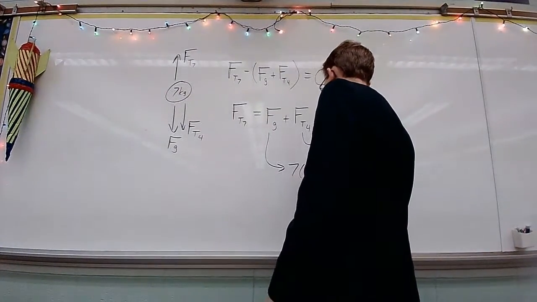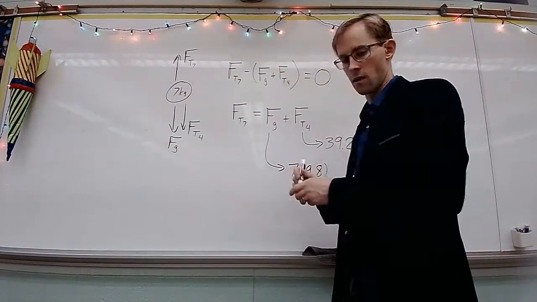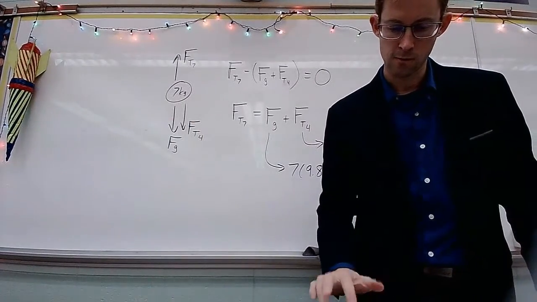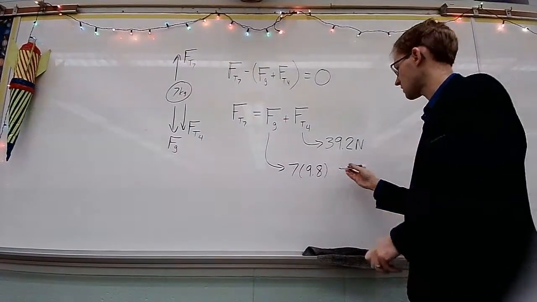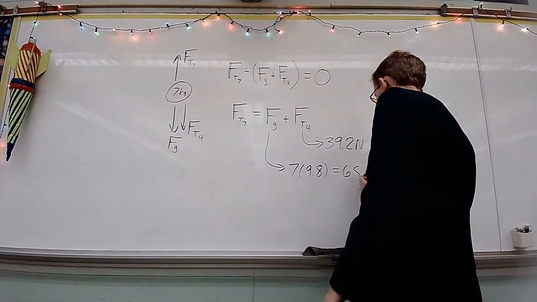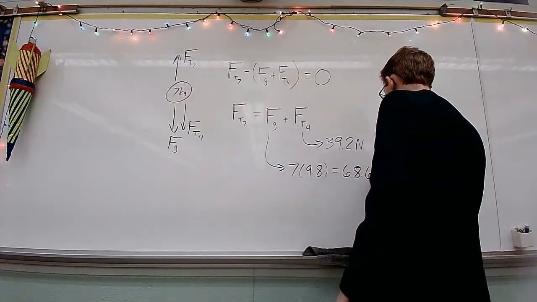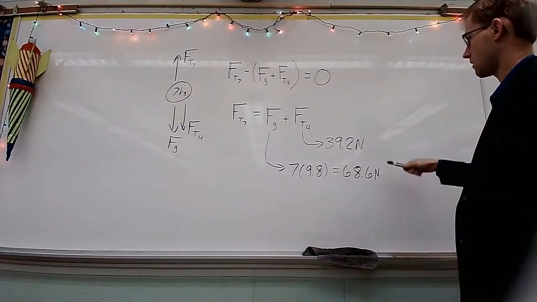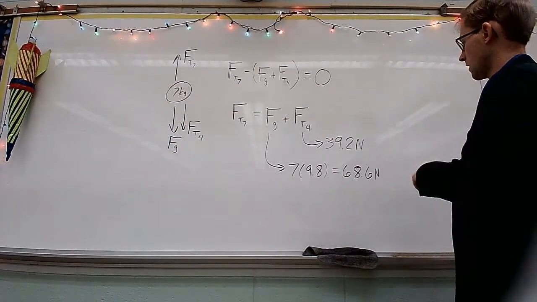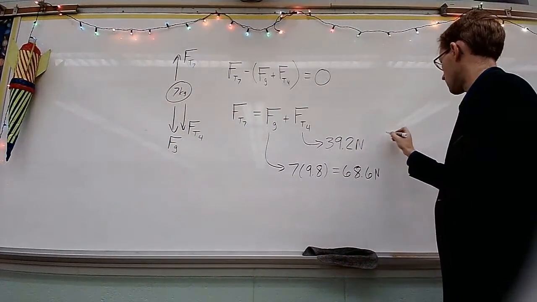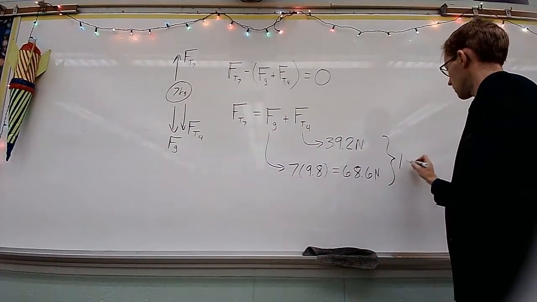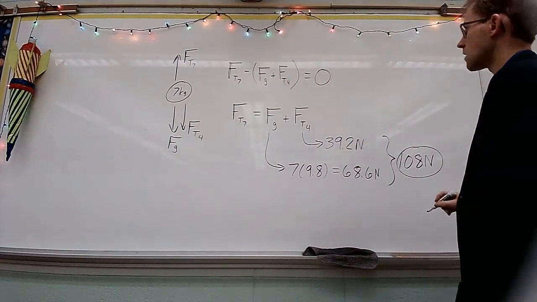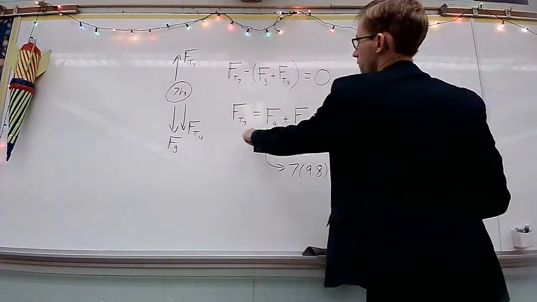So 7 times 9.8 gives us our gravity, and that is 68.6 newtons. So when you go ahead and add these 2 things together, you're going to get roughly 108 newtons. And that there would be your tension for the 7 kilogram mass.